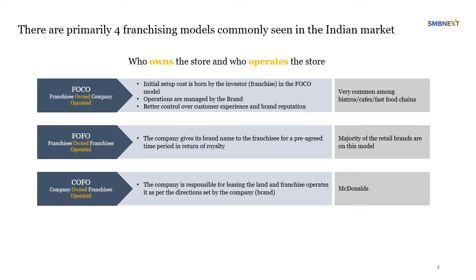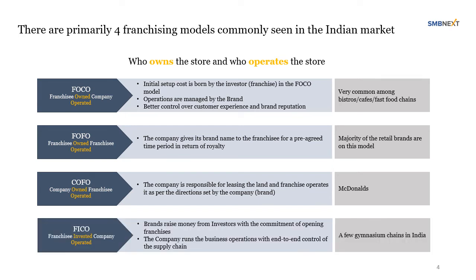Again, in this model, the franchisee typically pays the royalty or franchisee fee to the brand, and the brand gives its name and the rights to sell the products to the franchisee. Not very commonly seen in the markets, but yes, McDonald's is definitely on this particular model for most of the restaurants that they are running.